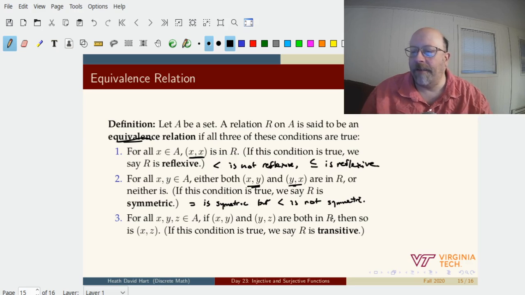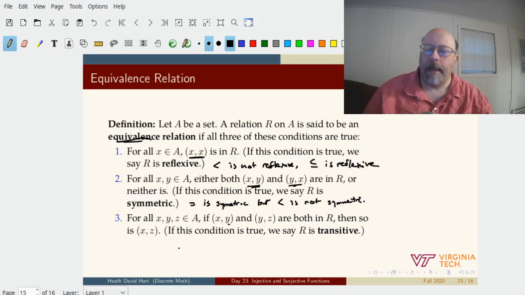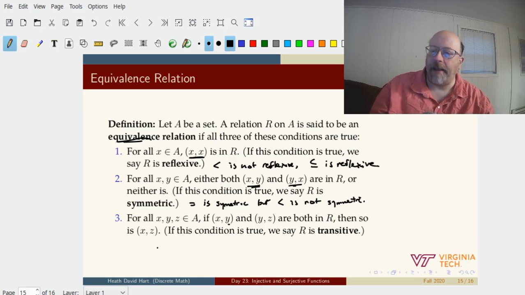And then transitive says that if x and y are related and y and z are related, then x and z are related. And less than is transitive. If x is less than y and y is less than z, then x is less than z.